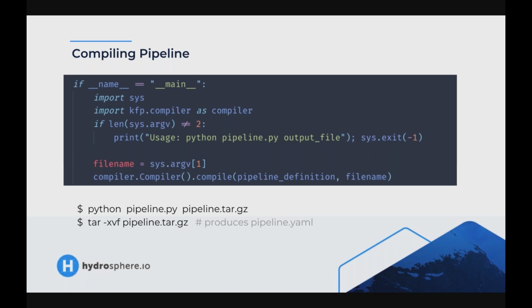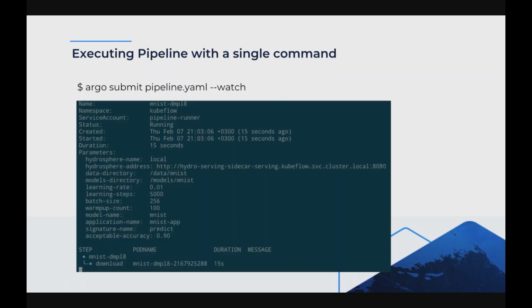And once that pipeline is created, we can compile it. At the end, we will use a Kubeflow compiler, and this will essentially just produce a pipeline tar archive, which inside contains a pipeline YAML definition of a Kubernetes resource.